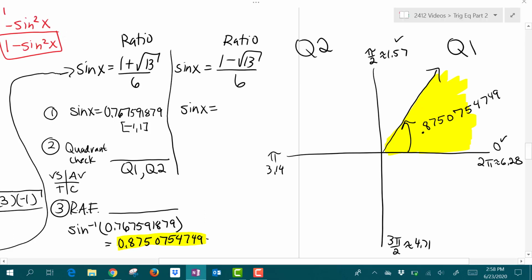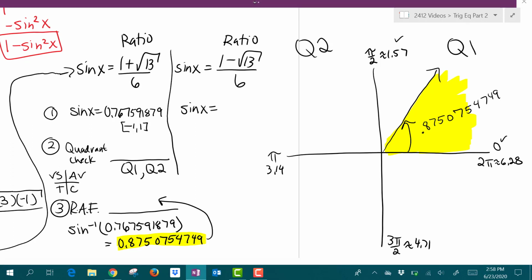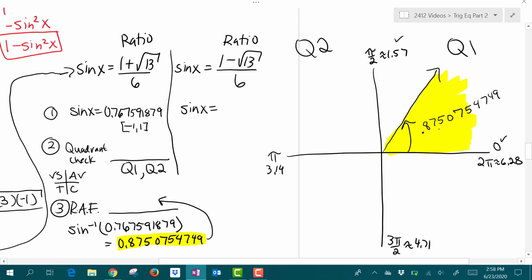So that actually is our reference angle. Alright, so then that's actually also one of our solutions, right? We're going to round to the nearest two decimal places, so that's actually our quadrant 1 solution. If I round that to the nearest two decimal places, that gives me 0.88. Alright, so there's one of our solutions.